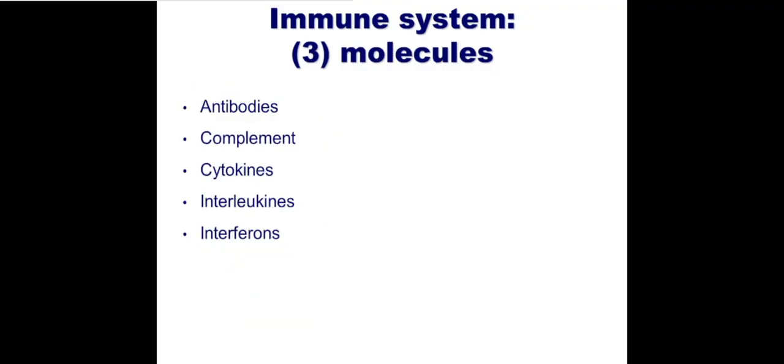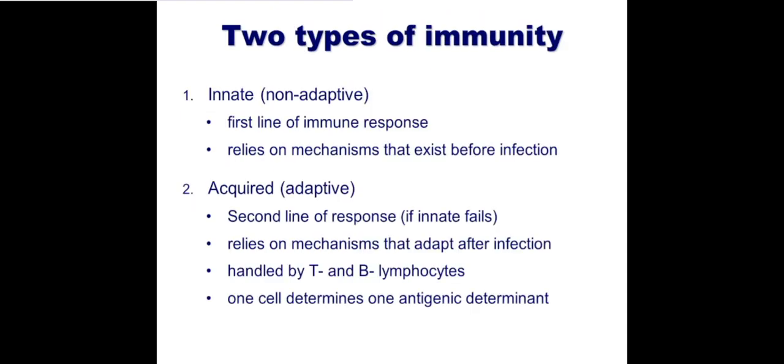And the molecules that act as defense against pathogens are the antibodies secreted by the B cells, the complement system, cytokines, interleukins and interferons. These are all the molecules that defend our body against pathogens, react with the foreign molecules and kill them, or form a complex and remove it from our body.